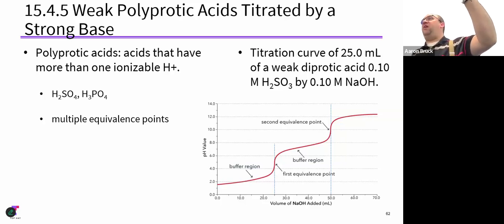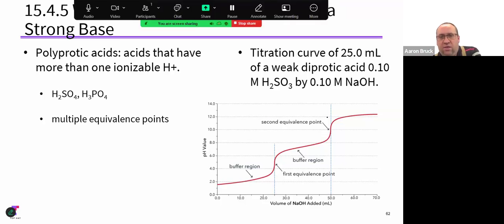We can use that for identification purposes, but we have to understand in a polyprotic acid sense, the half equivalence point we talked about would be here for the first one. So the first equivalence point was here at 25. The half equivalence point for the first would be here at 12.5 milliliters.